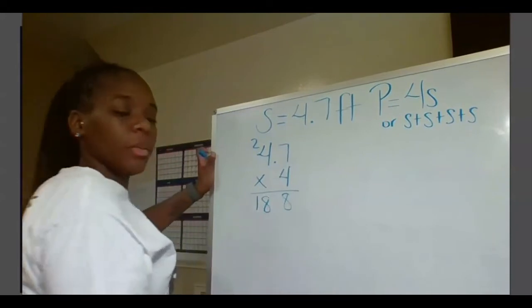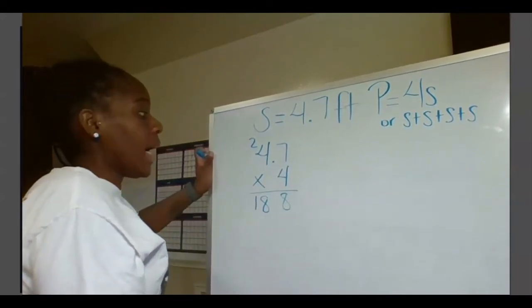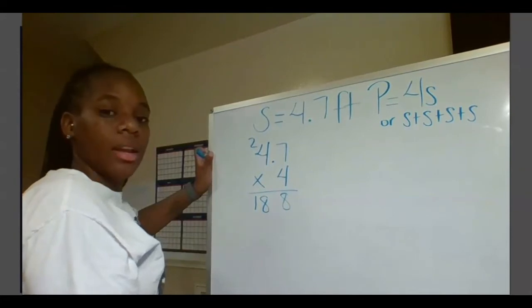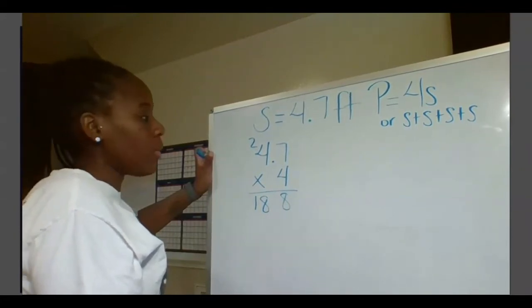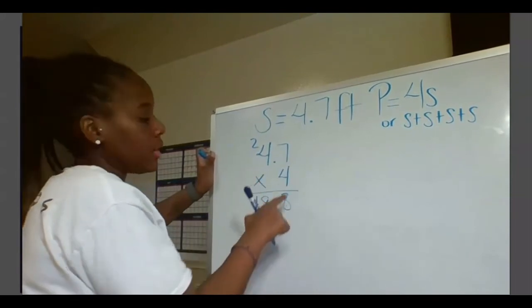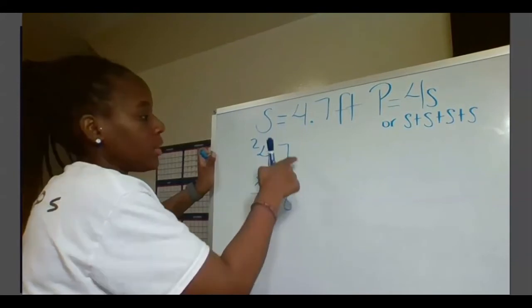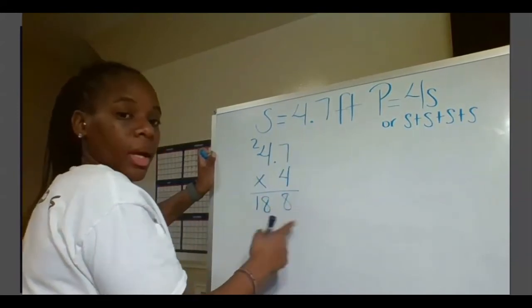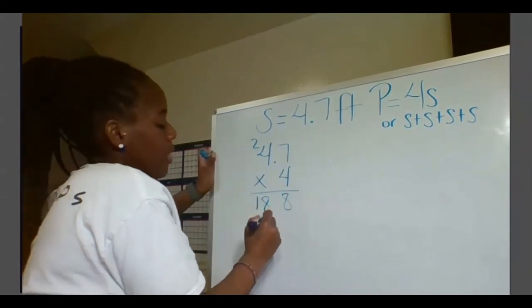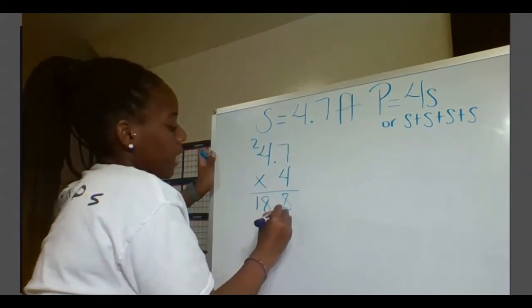And we go back and we check our factors and we see how many digits follow a decimal point total. In 4 and 7/10, there's one digit that follows the decimal point. In 4, there are no digits that follow a decimal point. So for a total of 1, when we come back to our product, we have one number to follow the decimal point.